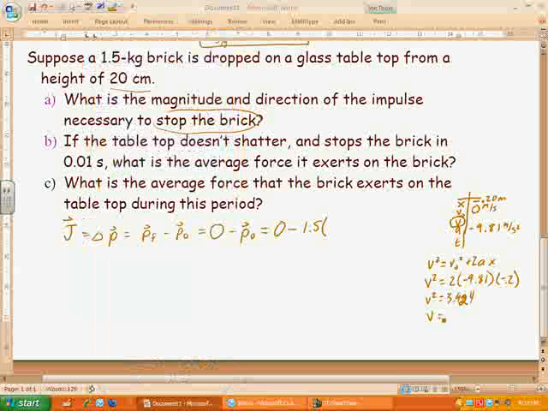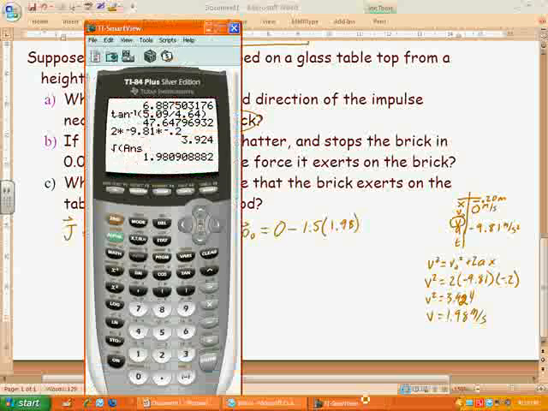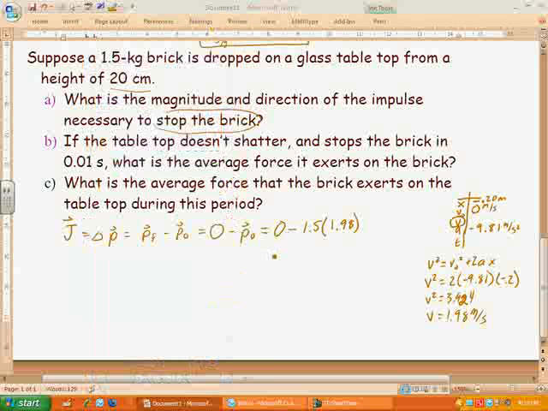So the velocity will be 1.98 meters per second as it hits. We can now put that in, 1.98, multiply that by 1.5, and I get a change in momentum of negative 2.97. So the impulse is negative 2.97.